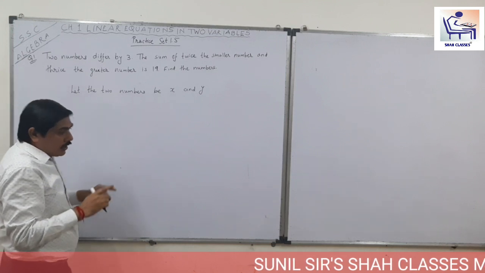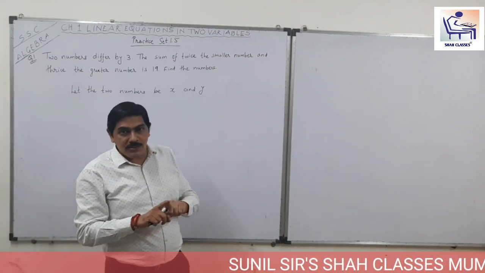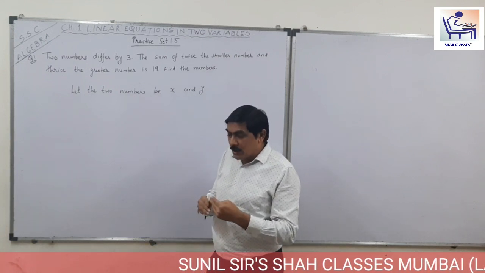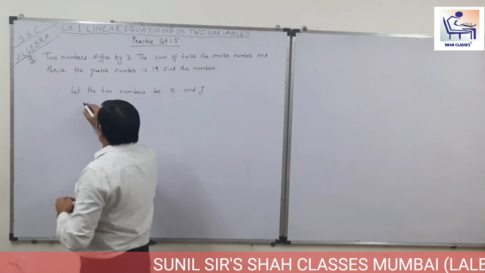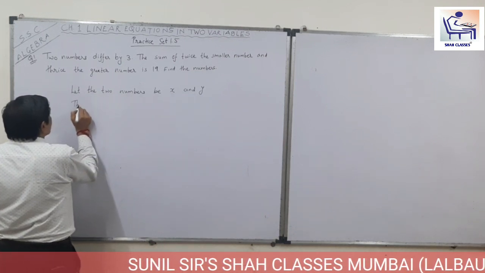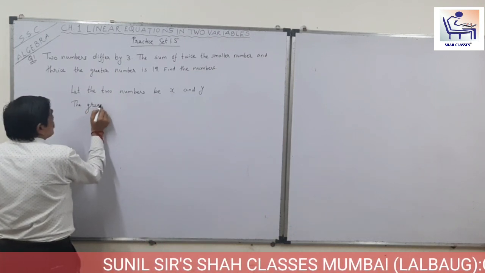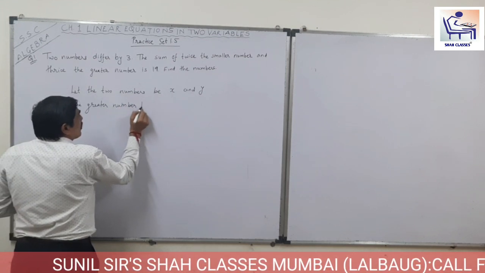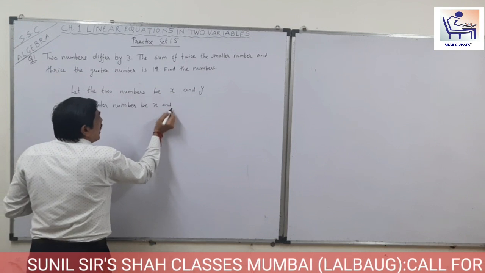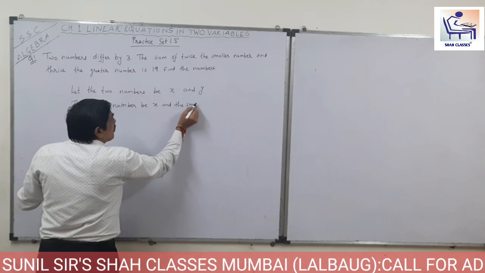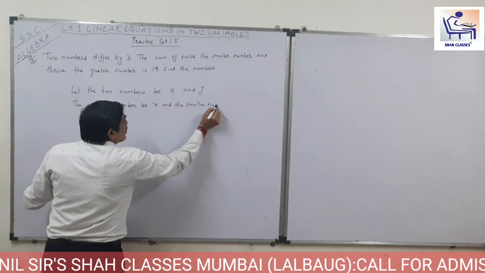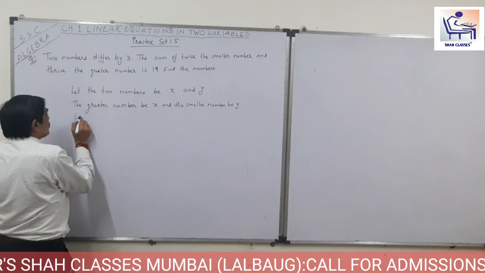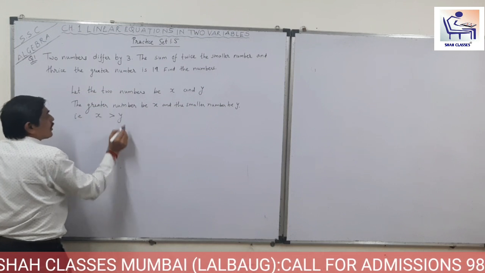Differ by 3 means what? कि दो numbers के बीच का difference 3 है. इसका मतलब क्या हुआ? एक नंबर बड़ा होगा और एक नंबर छोटा होगा. So let's say that the greater number be x and the smaller number be y. That is, your x is greater than y.